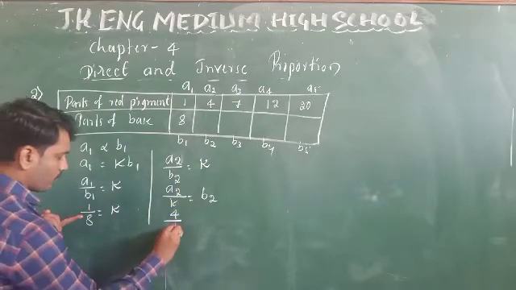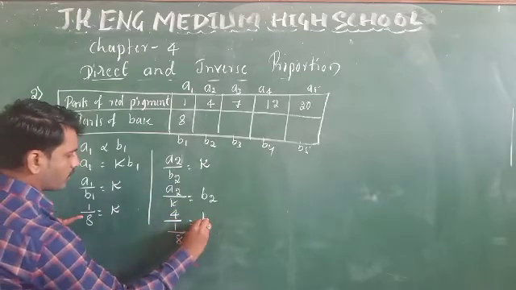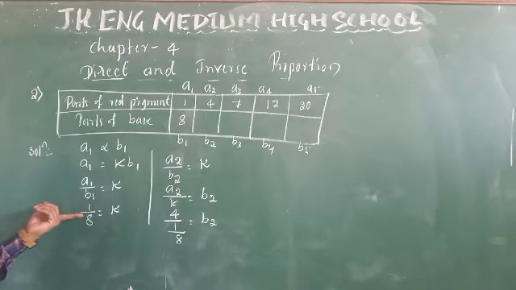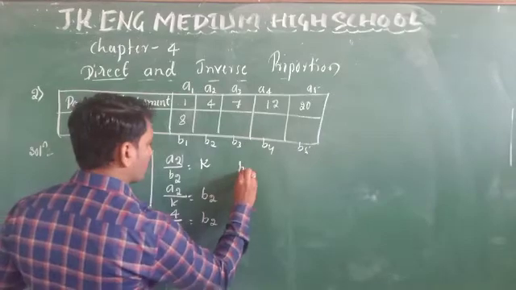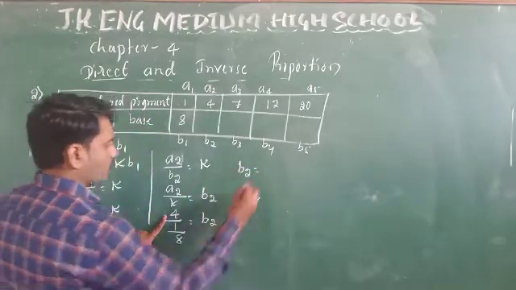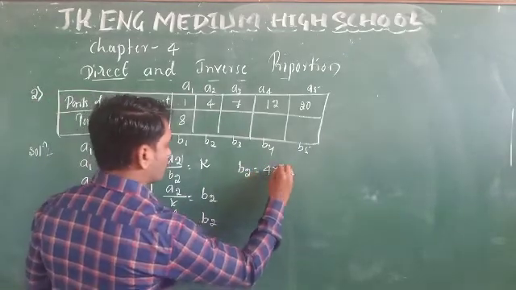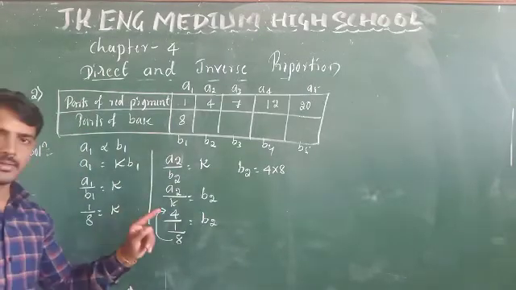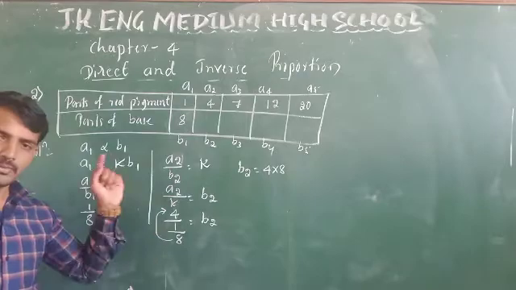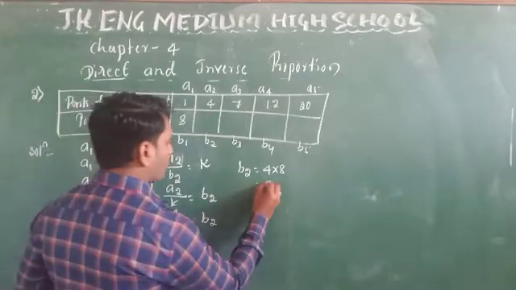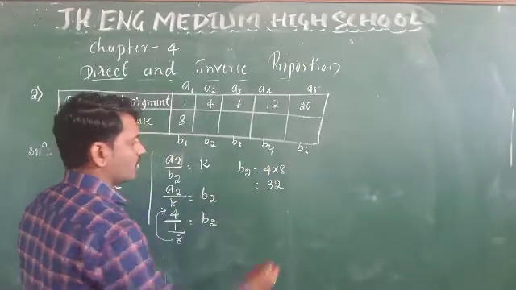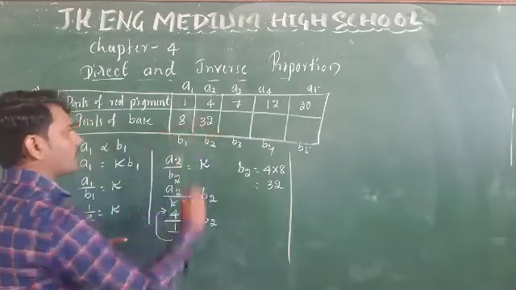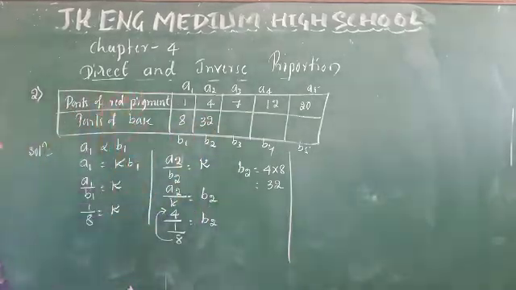What is the K value? 1 divided by 8. So 4 divided by 1 by 8 is equal to B2. Correct? So B2 is equal to 4 into 8. The 8 will come to the numerator and multiply by 4. 4 eights are 32. So let's go to the next one.